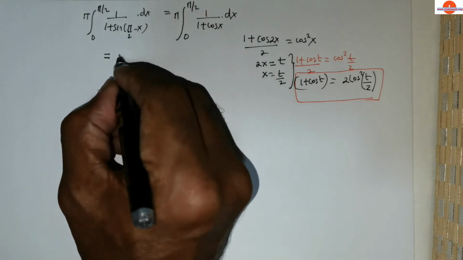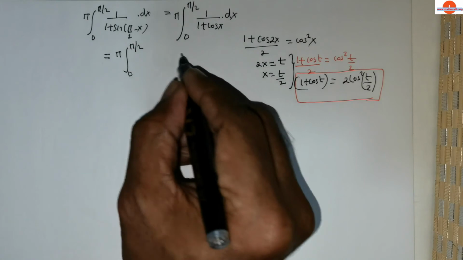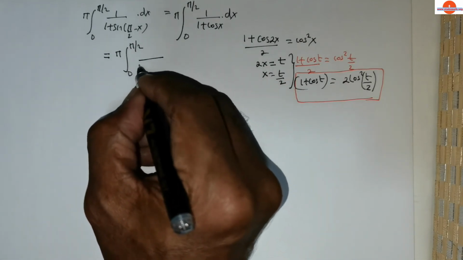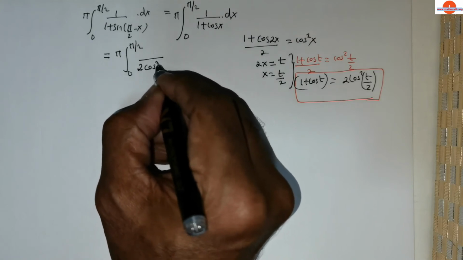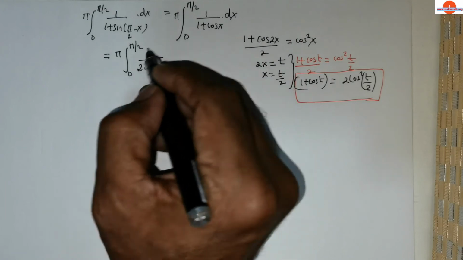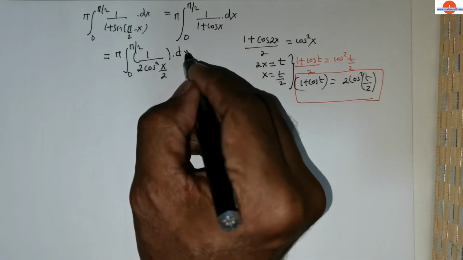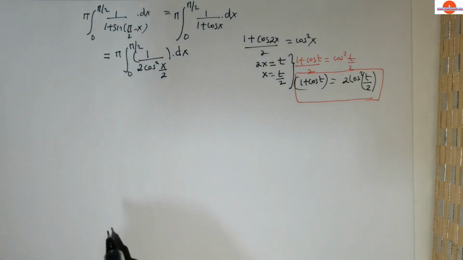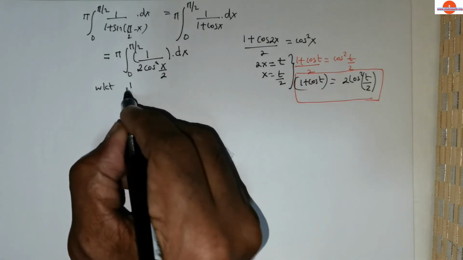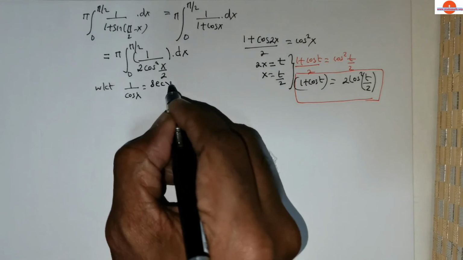So this is now rewritten as pi times the integral from 0 to pi over 2. In the place of 1 plus cos x, I would be writing 2 times cos squared of x over 2. Of course, we have 1 in the numerator that is multiplied with the differential dx. Now, we also know that 1 over cos x is equal to secant x.